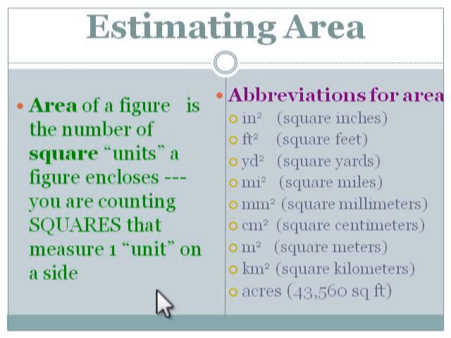Because that is 2 dimensions, when we label it, we label it with the little 2. So again, if it was in inches, it's square inches. If it was in yards, it's square yards. If we were measuring in centimeters, we label it with square centimeters.